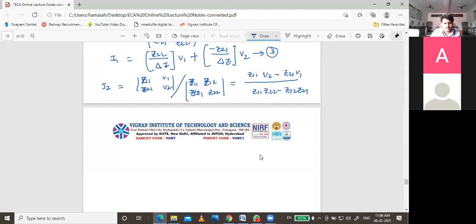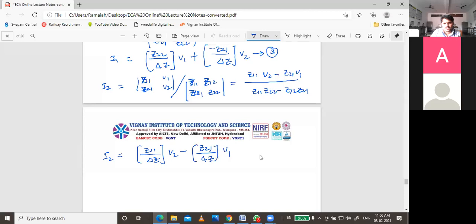So what is the next step? I2 equal to Z11 by the entire term, which is delta Z, the determinant of that matrix, into V2, minus Z21 by delta Z into V1.